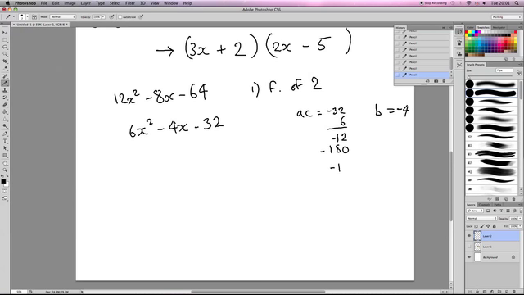So I've got minus 192. Oh, that's a big number. M times n is equal to minus 192, and m and n have to add up to give me minus 4. Right, just bear with me.